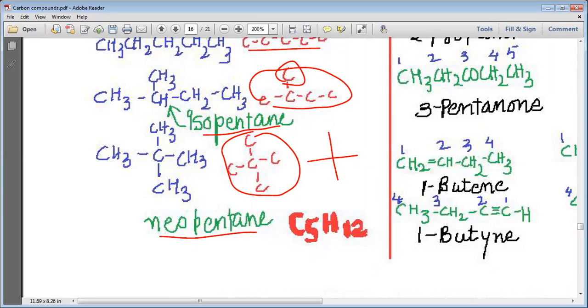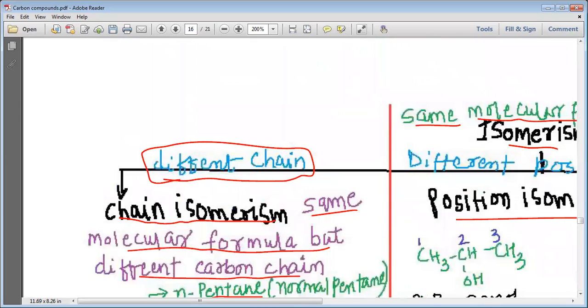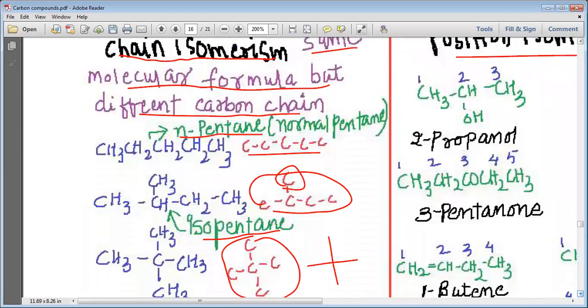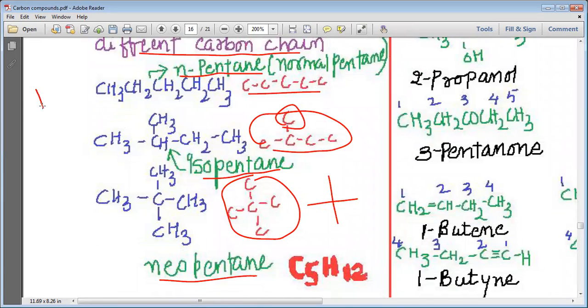So if we write their IUPAC names, my dear students, we will write pentane for this.